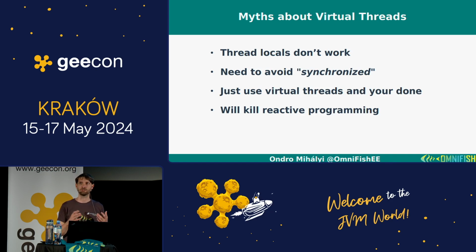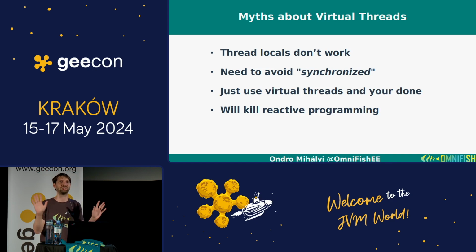Another case when it's not safe to use synchronized with virtual threads is if within the synchronized block you do a native call to a C library or some other language. That's again not very often. Like, who did a native call in their life? I never did.